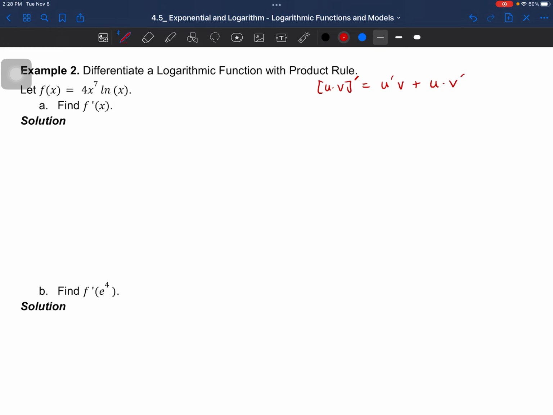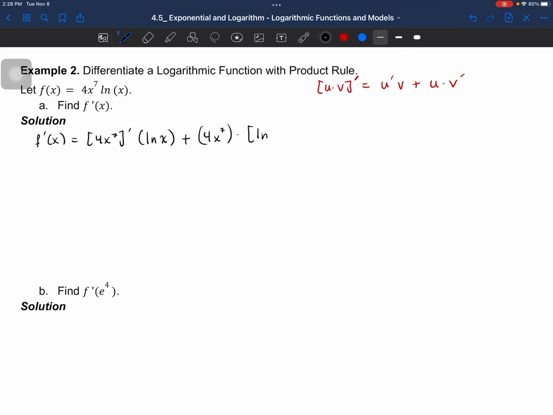So if we're going to use the product rule, why don't we just go ahead and write down the format of this: u prime times v plus u times v prime. All right, so we're going to use that to find the derivative of f.